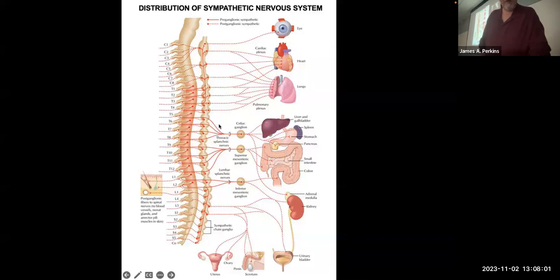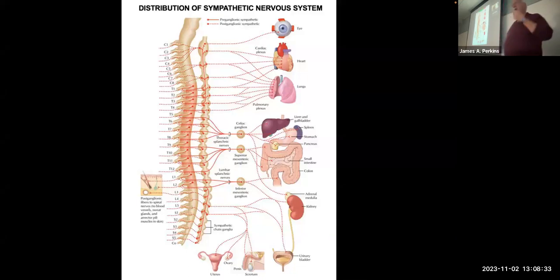This, Ben, is the one exception to the quote unquote rule that everything leaving the sympathetic chain is postganglionics. You might notice here that there's some solid red lines that are passing right through the sympathetic chain and forming a series of nerves known as splanchnic nerves, which are then going to travel to some different ganglia that are located in the abdomen. These have various names. Sometimes they're called collateral ganglia.